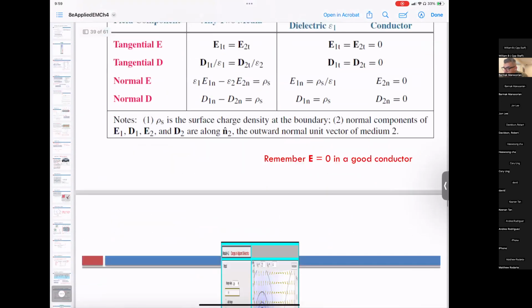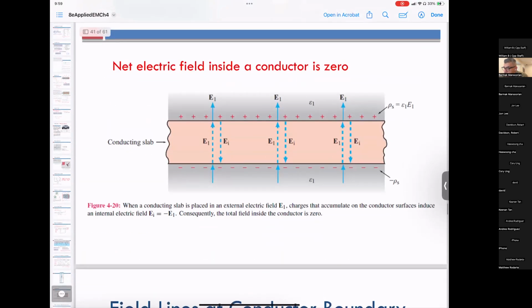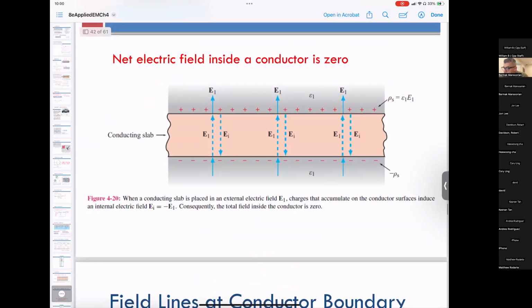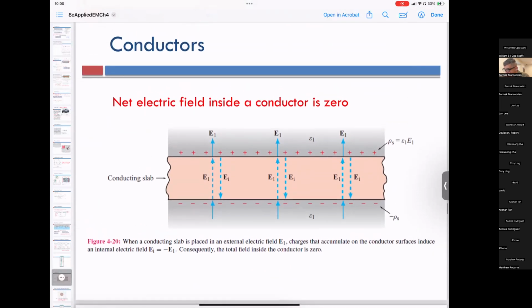I'm going to jump over the boundary conditions. Just a couple of important things come out of them. For a perfect conductor, there is no electric field inside a perfect conductor.